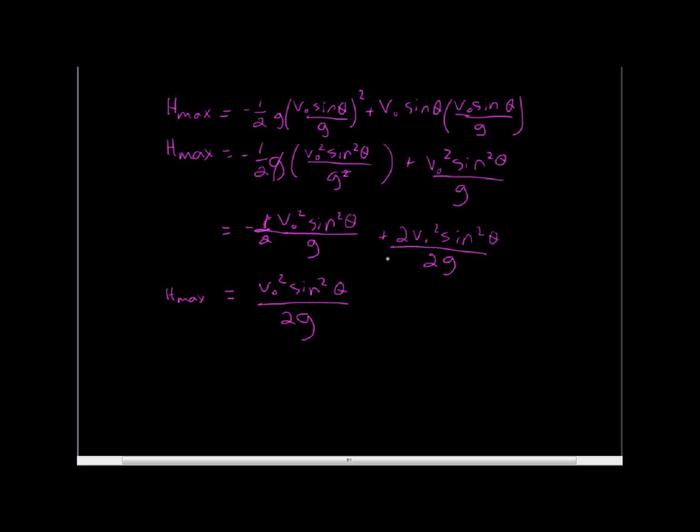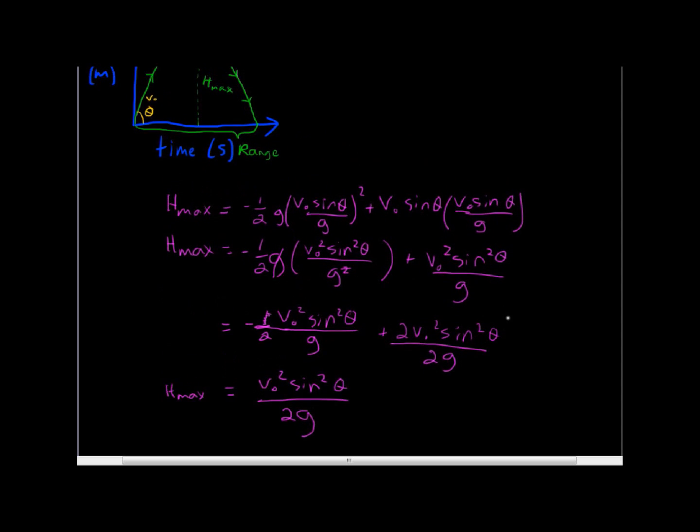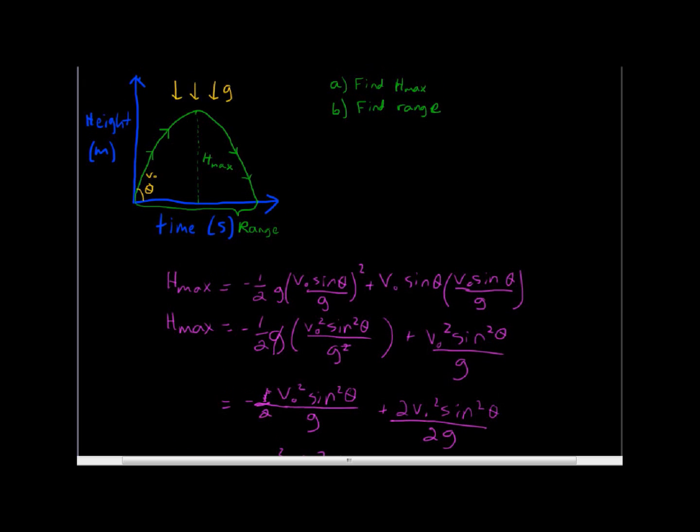So we did it. Going back to this picture, we proved that this maximum height, this value right here, is equal to 1/2 v naught squared sine squared theta over g, or over 2g, wherever you want to put the 1/2.